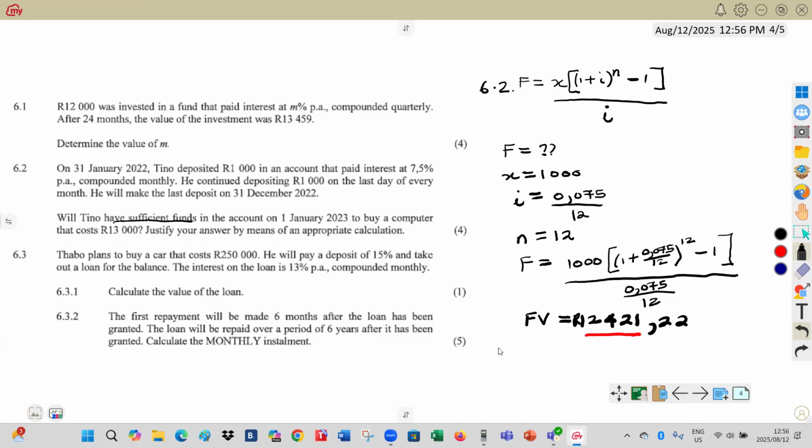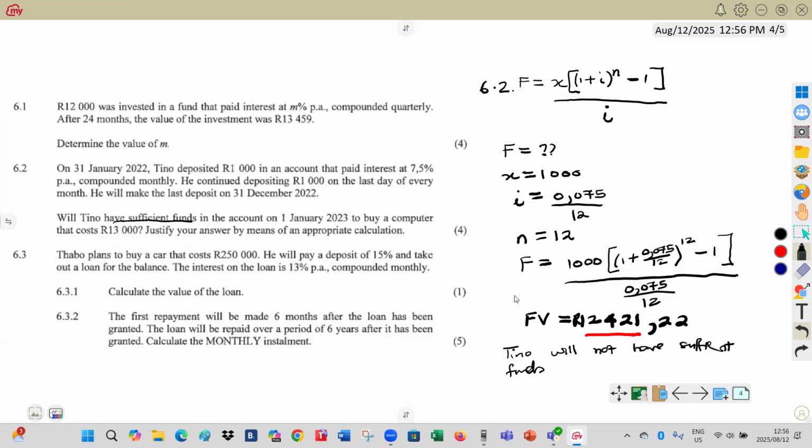So conclusively, Tino will not have sufficient funds. Why are we saying he does not have sufficient funds?